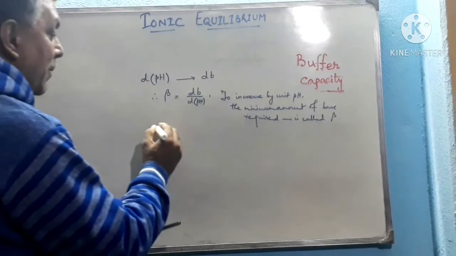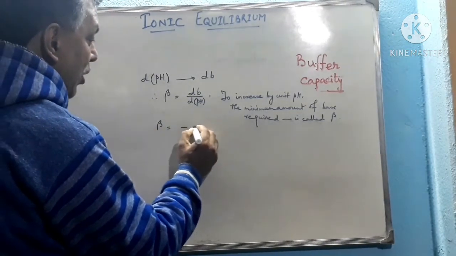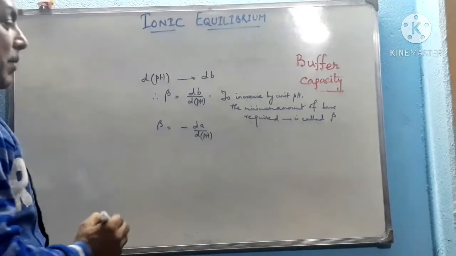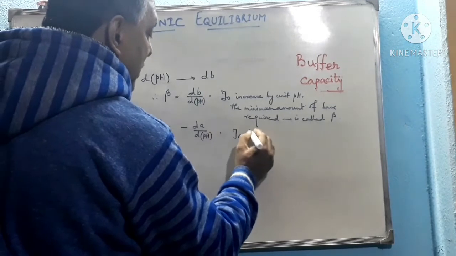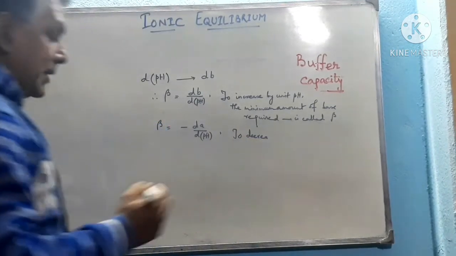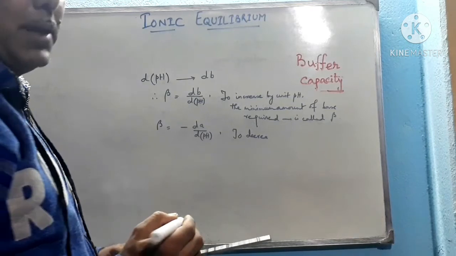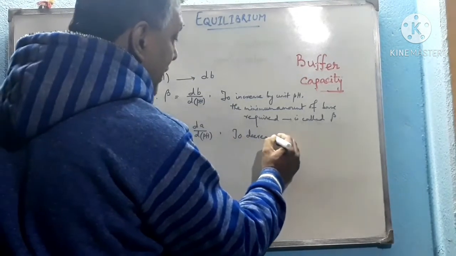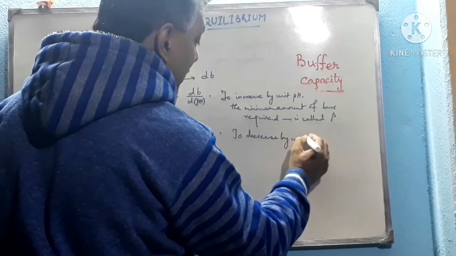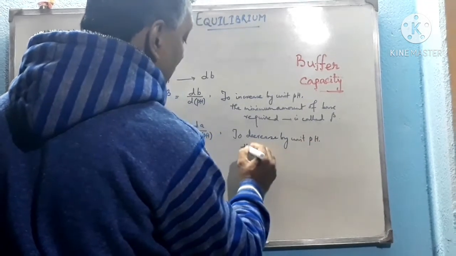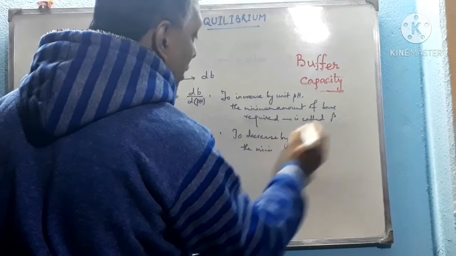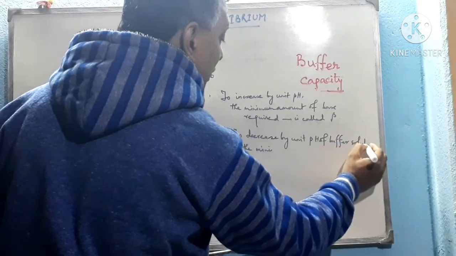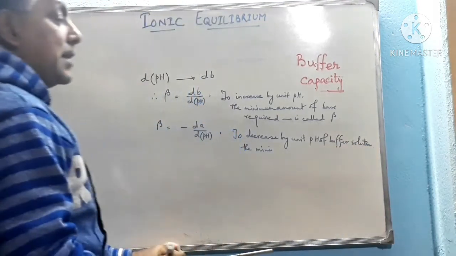Again, for an acid buffer, beta can be expressed as minus of dA by d of pH, or d[A]/d(pH), because if we add some acid into the buffer solution, then the pH of the solution decreases, becomes lower, and hence to decrease by unit pH of the solution, the minimum amount of acid is required, because buffer solution has a tendency to resist the change in pH.